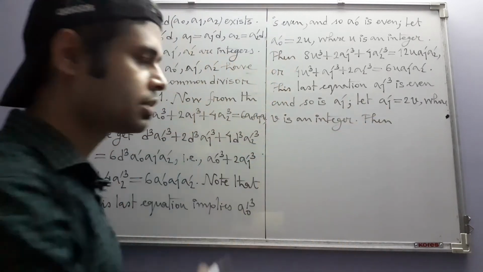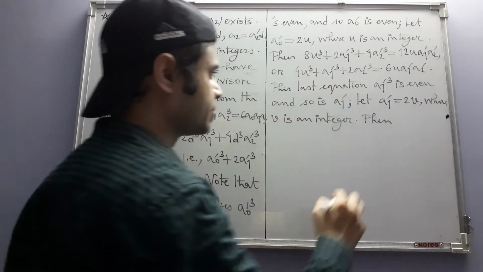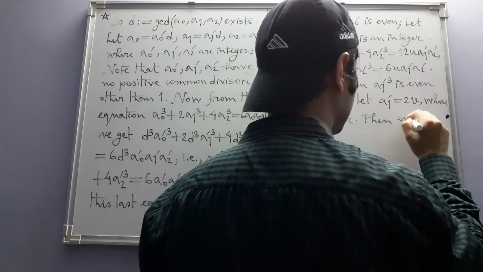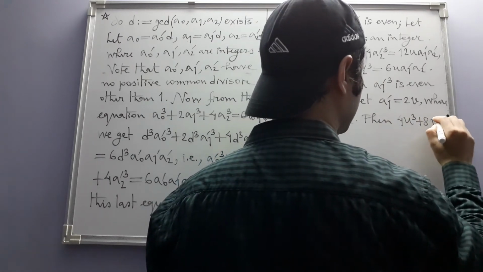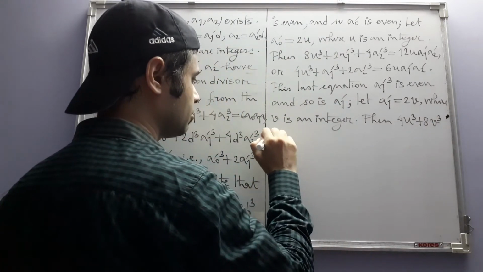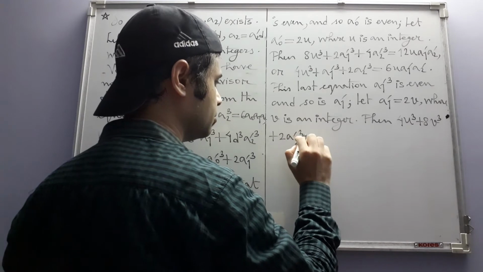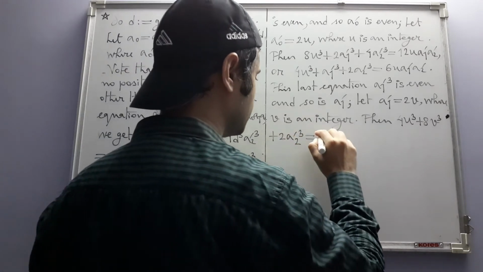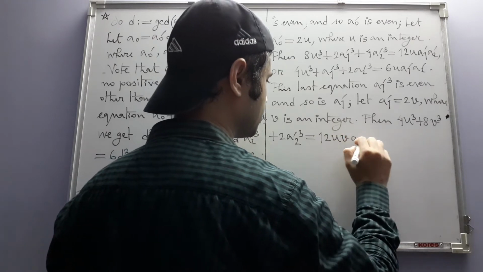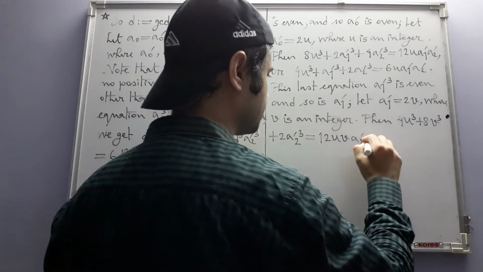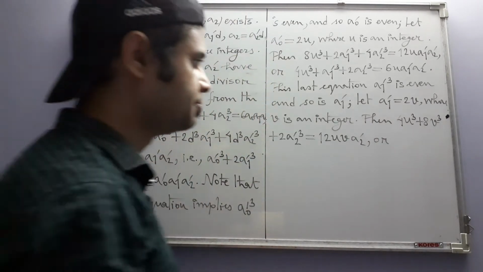Then now if you substitute this one in the last equation, what will you get? 4u cube plus 8v cube plus 2a2 prime cube. This is equal to 12uv a2 prime, or again divide both sides by 2.